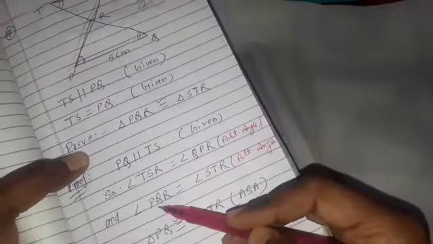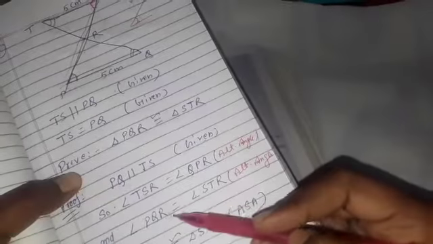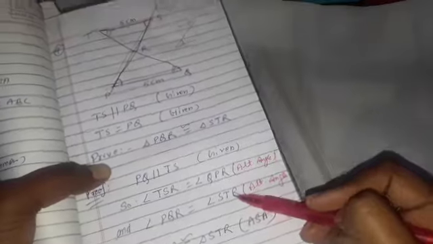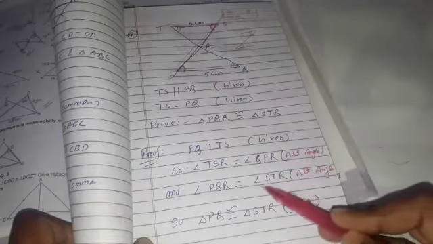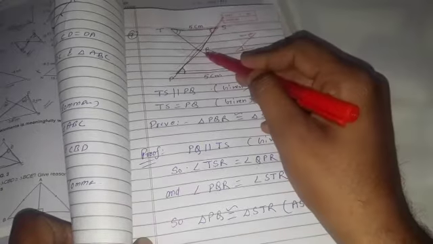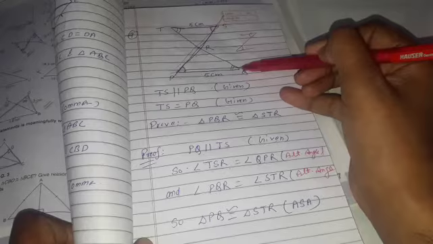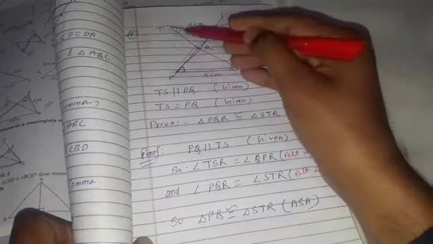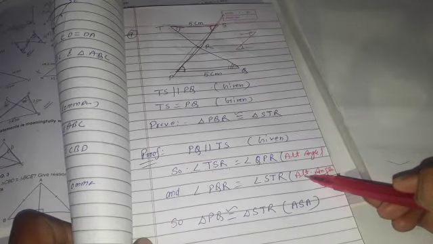Same for angle PQR: angle PQR equals angle STR. Why, class? Again this line behaves like a transversal and these two are parallel lines. So this angle equals this angle, again alternate angles.